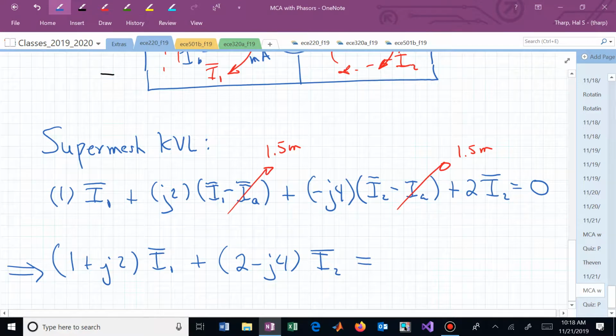And now I need to take 2 times 1.5, that's 3 milli, and that's with a negative sign, and I take the 1.5 times 4, that's 6, but I have my negative signs canceling on the left, so I'm going to have to subtract that. I have a j3 minus a j6 milli.